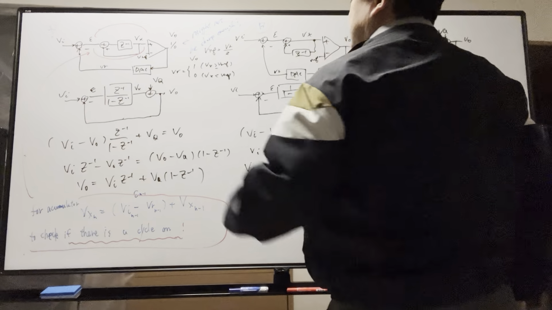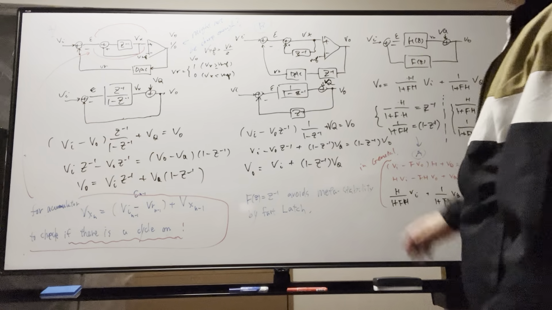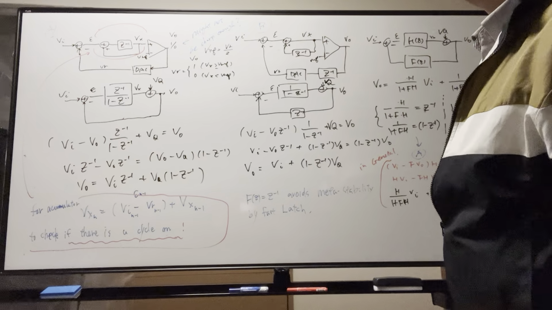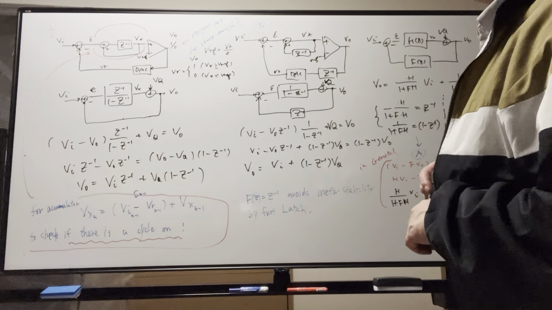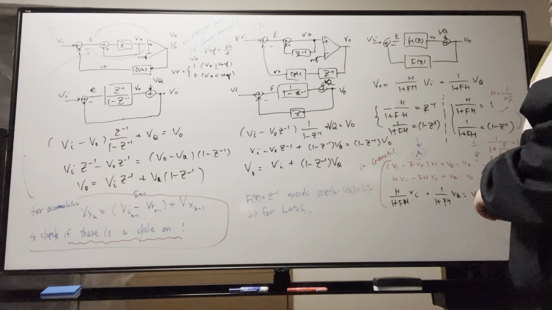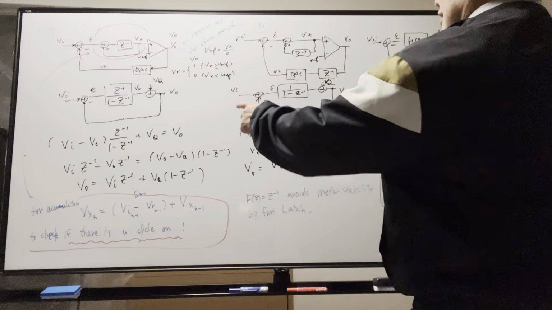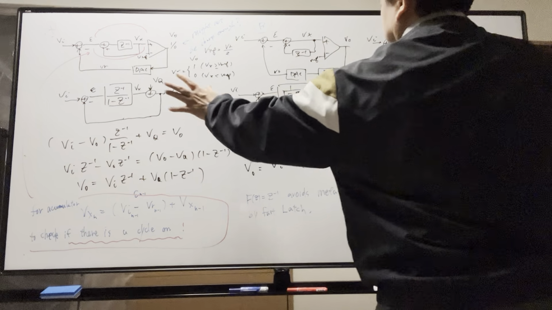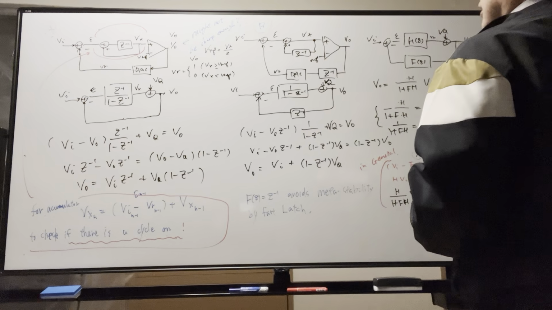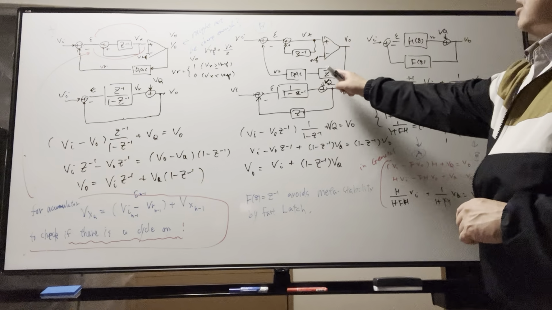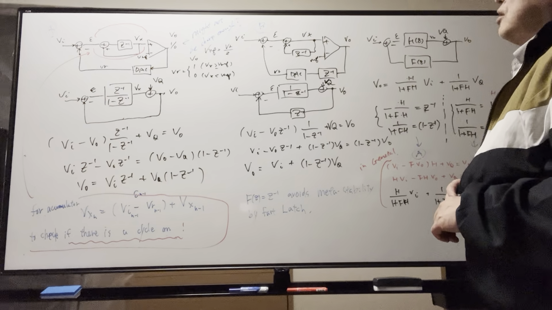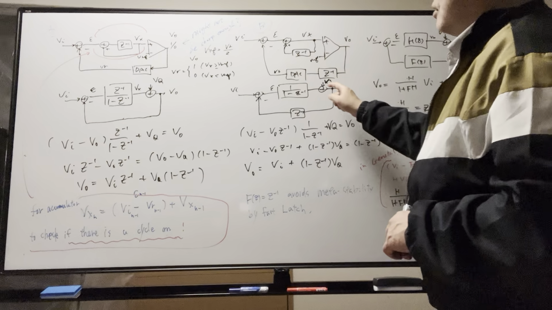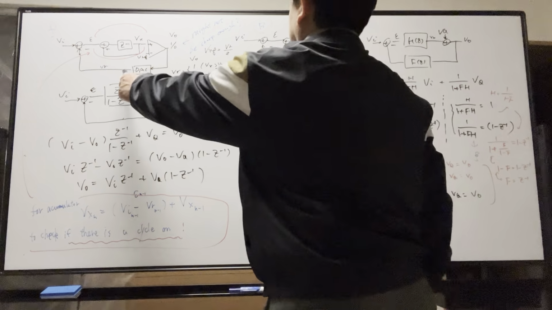To judge here, as I mentioned in the explanation before, there are specific cases. And this has a delay, a one step delay, z to the -1, in the feedback loop. This is nothing.